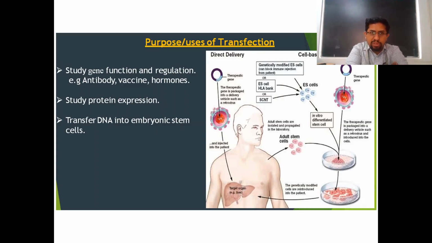So what do you do? You remove the hepatocytes from the liver, and culture them in vitro in the laboratory. So you perform this gene therapy. You know what gene therapy is? Deliver genes directly into the target cells, and the genes will start functioning properly. When the gene starts functioning properly, the cell resumes its normal function. That is called gene therapy.